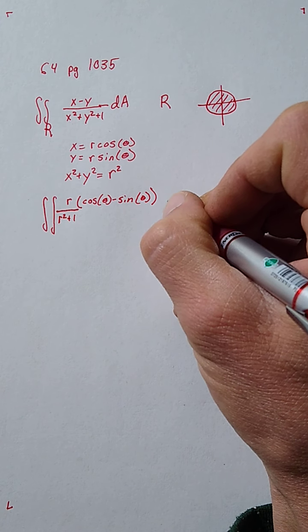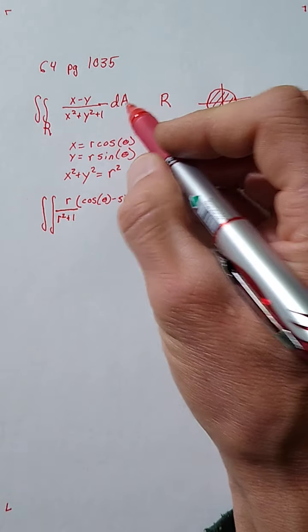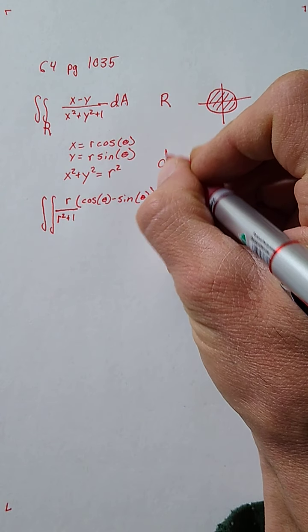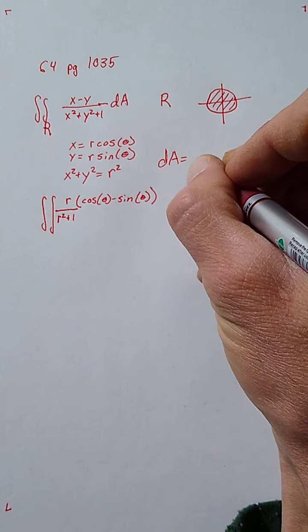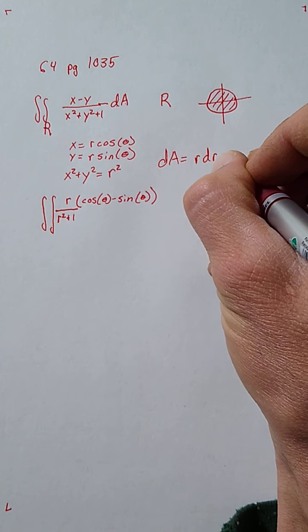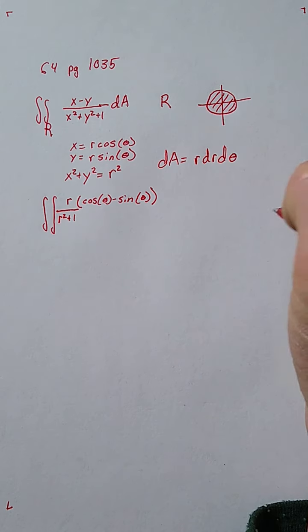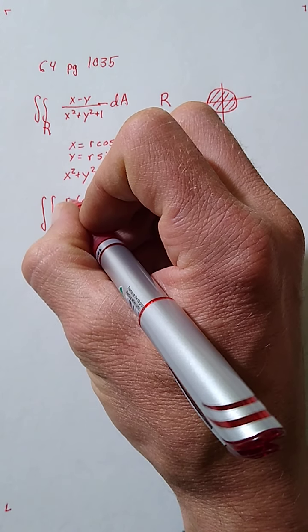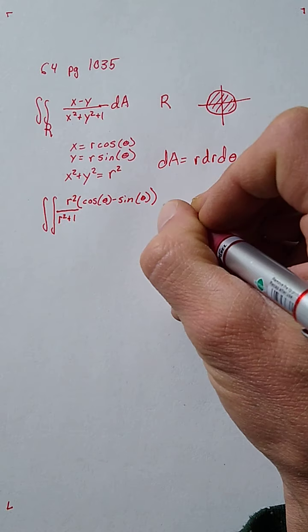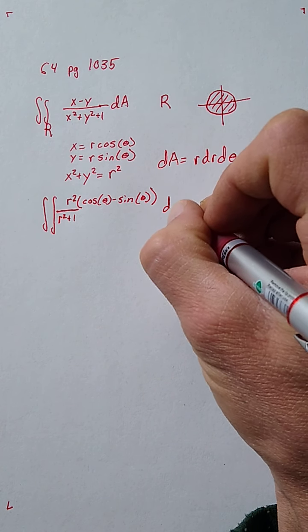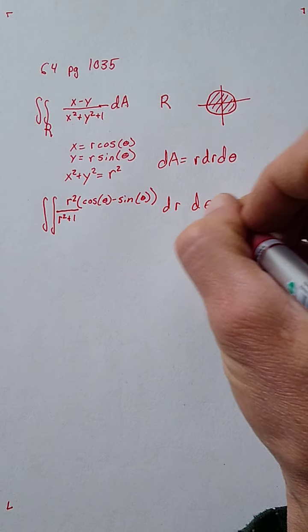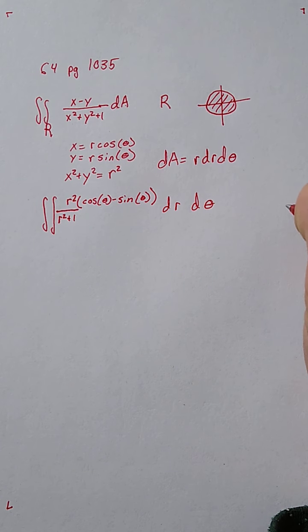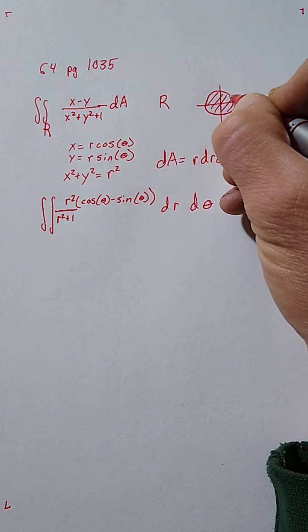And then because we're doing this in polar coordinates, remember dA needs to be r dr d theta. So this is going to be r, which I'm going to move all the way over and multiply times that, dr d theta.